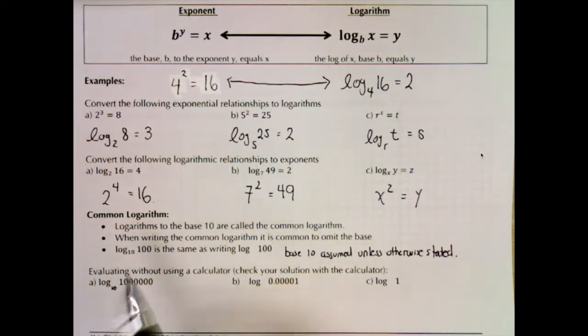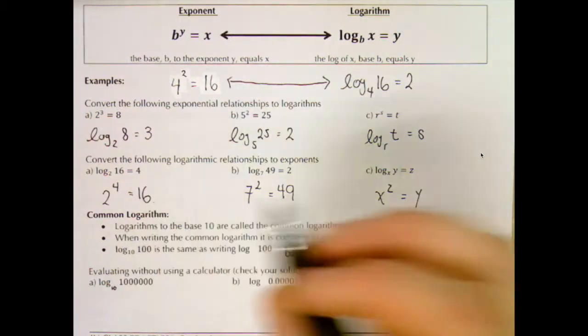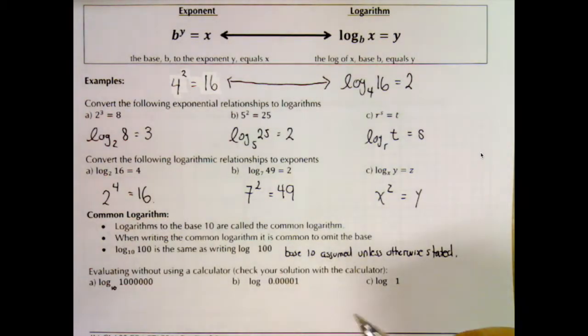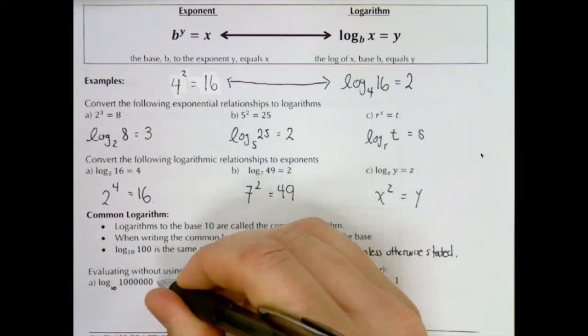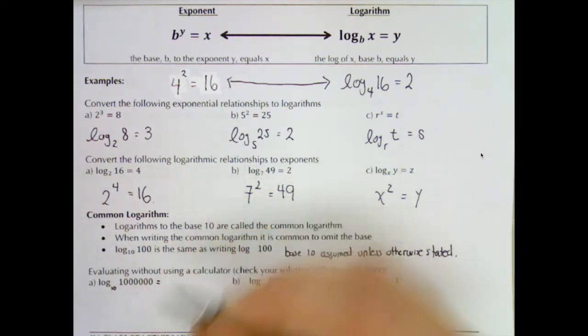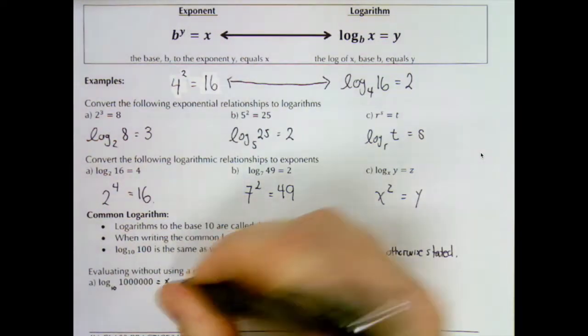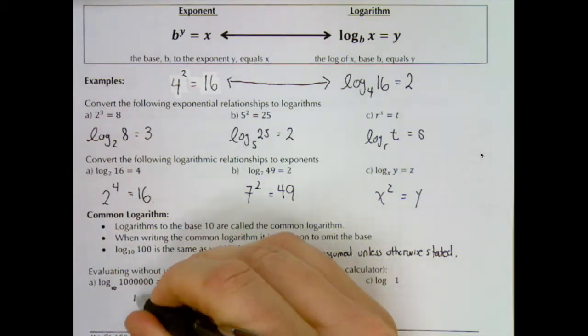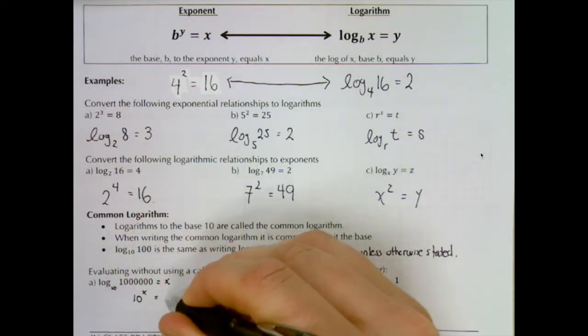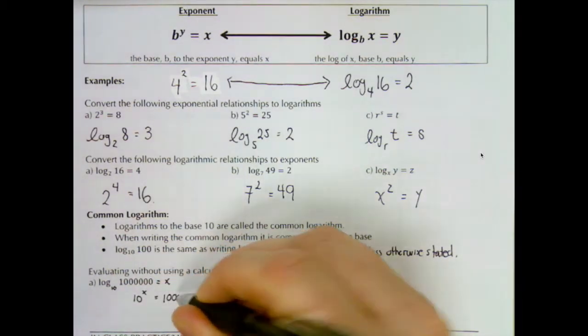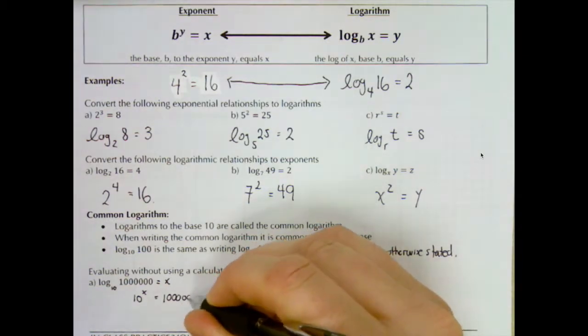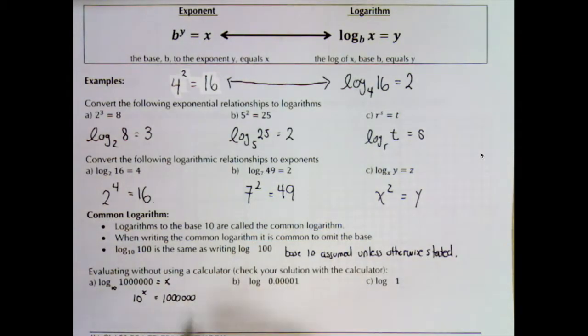We can turn this into a power to see that, and that might help us come up with the answer without using a calculator. So if we were to rewrite this as a power, we would say this equals x. X will become our exponent, so 10 to the exponent x is 1,000,000, 1 with 6 zeros.